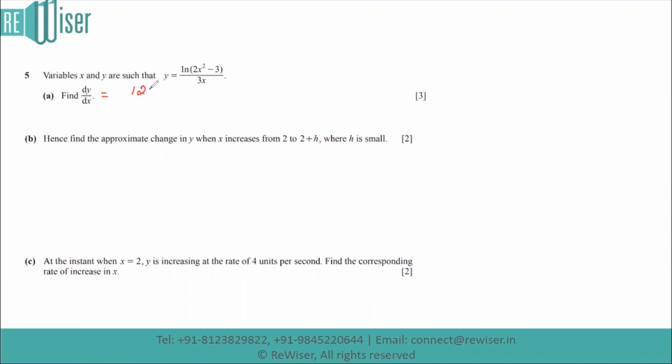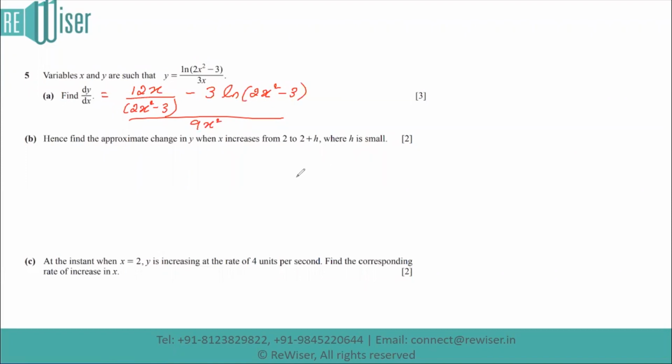It was 12x over 2x² − 3, then minus 3 times ln of 2x² − 3, and the entire thing divided by 9x². This is the dy/dx we got.